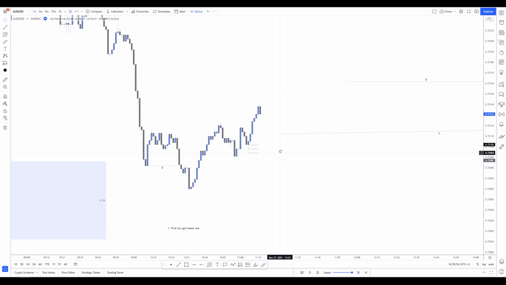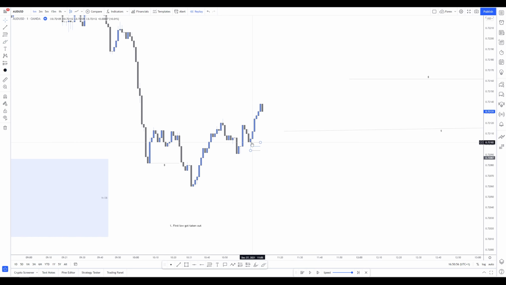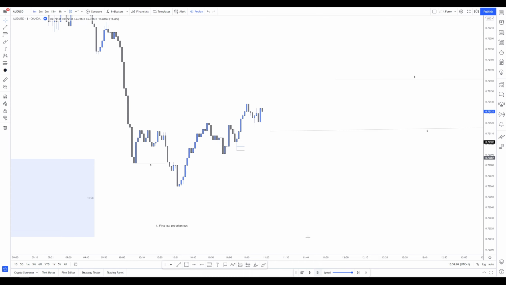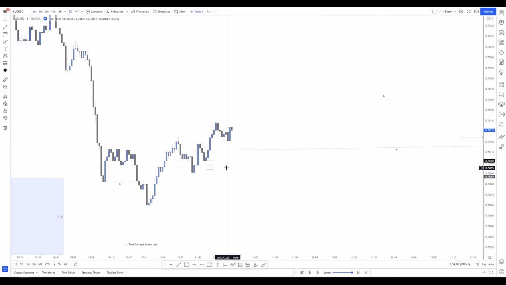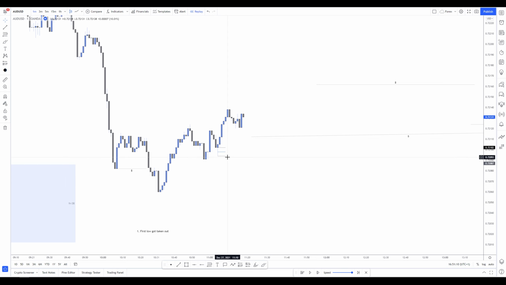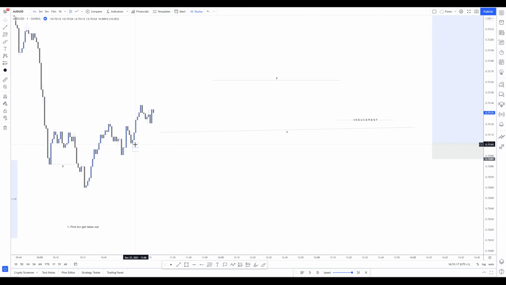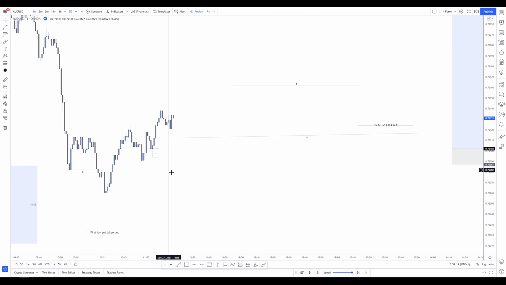So when I saw this, I was looking for this entry right there. Let's move on. Price didn't come to this area for a long time. I'm telling you, you need to be patient and really look for the clean setup. I was looking for this order block the whole time.